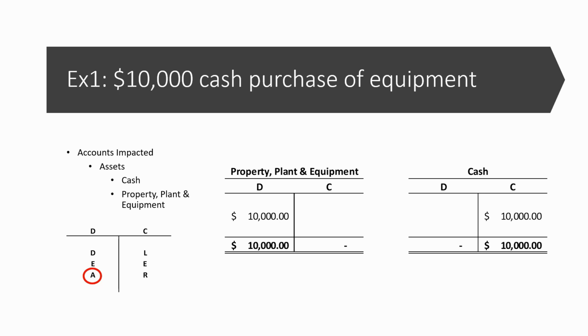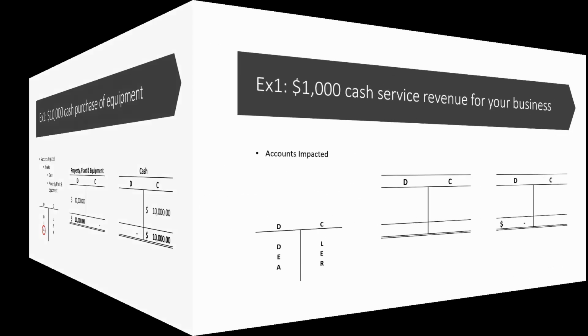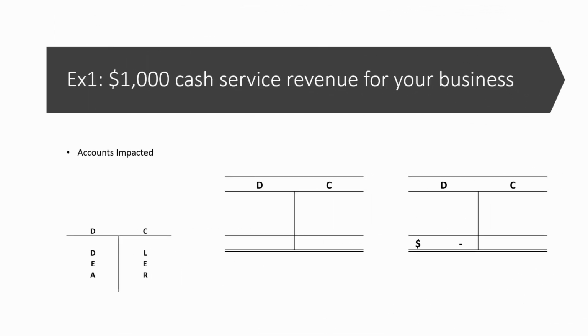Let's move on to the next example. In this example, we had a $1,000 cash revenue for our business. To record this, we need to identify the accounts impacted, the amount, and then reference the accounting equation or DC Dealer to determine how to record this. In this case, the cash and service revenue accounts are impacted, which are assets and revenue accounts.